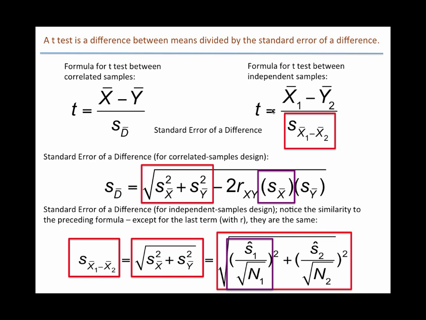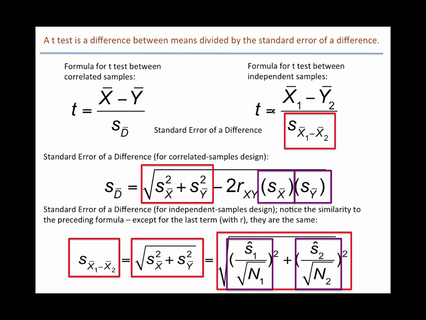So we will be using that in different parts of the formula. As you can see on the left, we are going to be squaring that. And the same holds true for the standard error of the mean for the second data set, s sub y bar. Again, we will be squaring that in a couple of places in the formula.